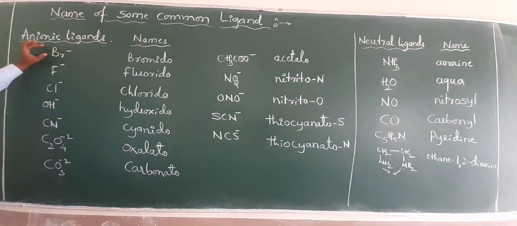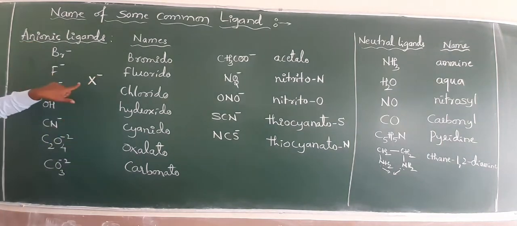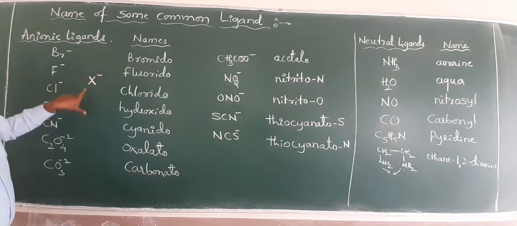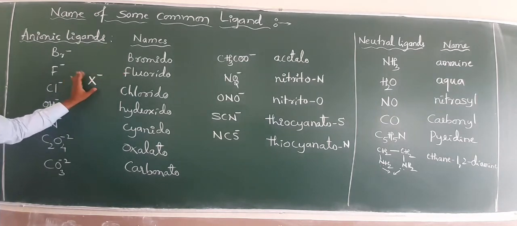If the ligand is Br minus, generally we call it X minus, where X stands for halogen. The halogen as a ligand in coordination compounds is pronounced as halo.